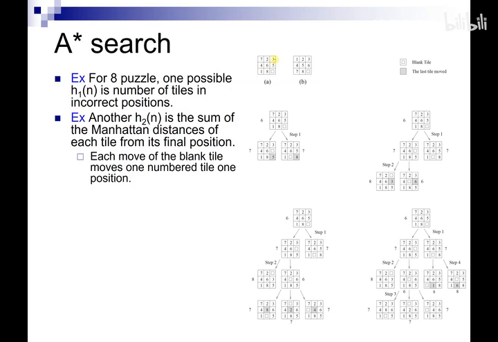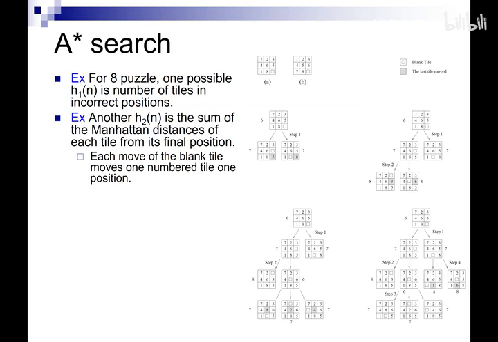If you just add up how many tiles are out of place, that gives you a lower bound on how many moves you need to get to the correct solution. In this case, this guy's out of place, so 1, 2, 3, and then 4 moves. At least you have to make 4 moves to get to the correct solution. So that's a simple heuristic.